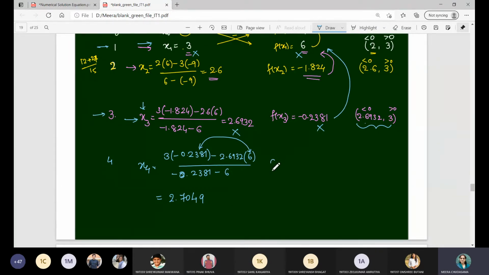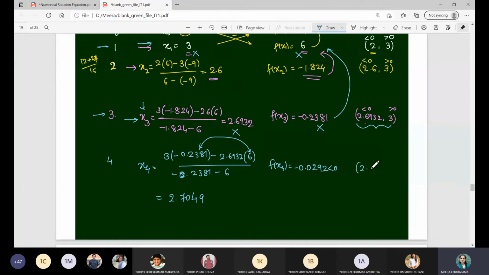And the function value? Minus 0.0292. Okay, which is negative again.